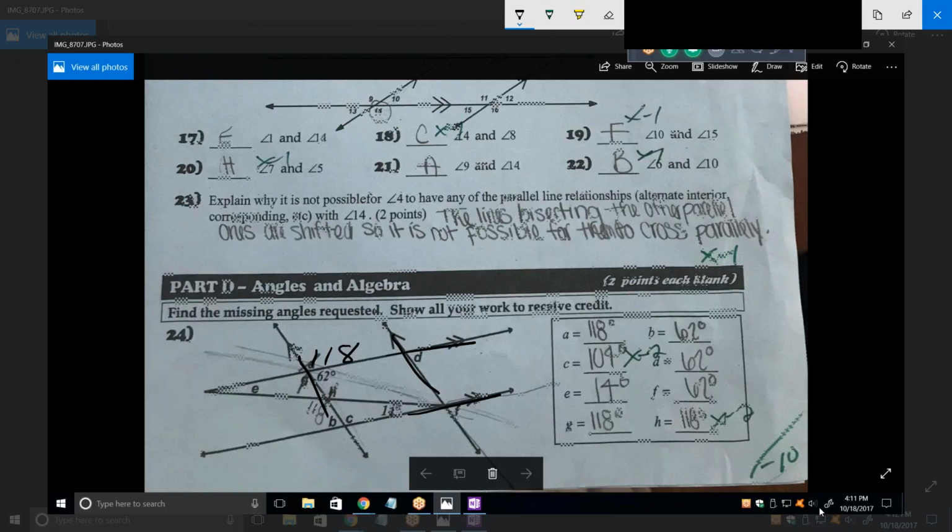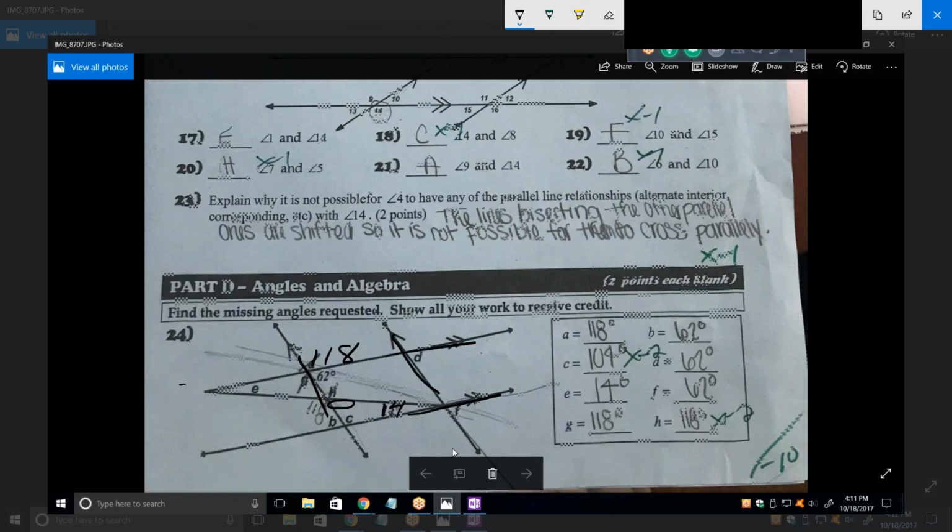What's this number right here? Is that 11? That's 14. So if I label that 14, what's this angle right there? Hold on a moment. Let me look at this a little bit longer here.